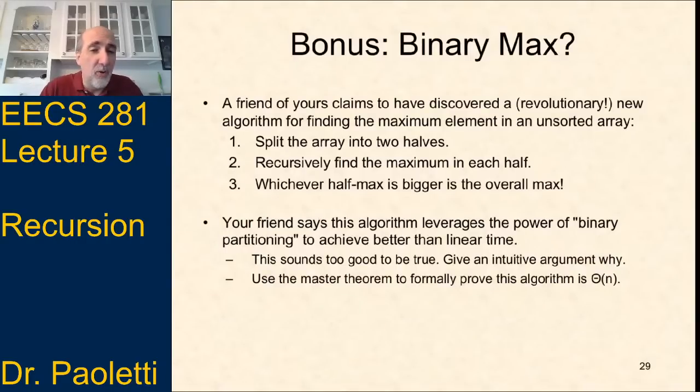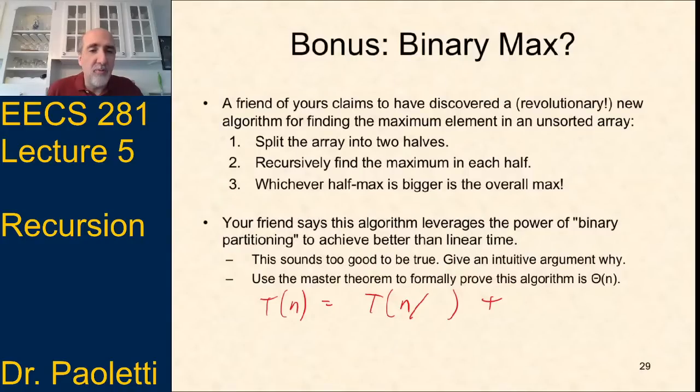So what we can do is use the master theorem to prove it. Okay, so what's our T(n)? T(n) is equal to, well, we have to have something times T(n over something) plus some non-recursive amount of work. So let's do the non-recursive amount of work.